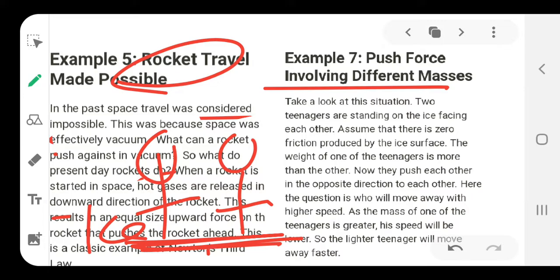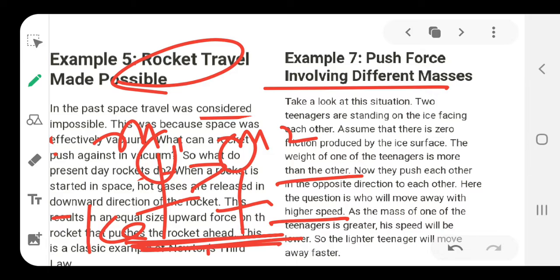The weight of one of the teenagers is more than the other, say m2, for example. Just consider it. Now they push each other in opposite directions. Here the question is, who will move away with a higher speed among the two boys?